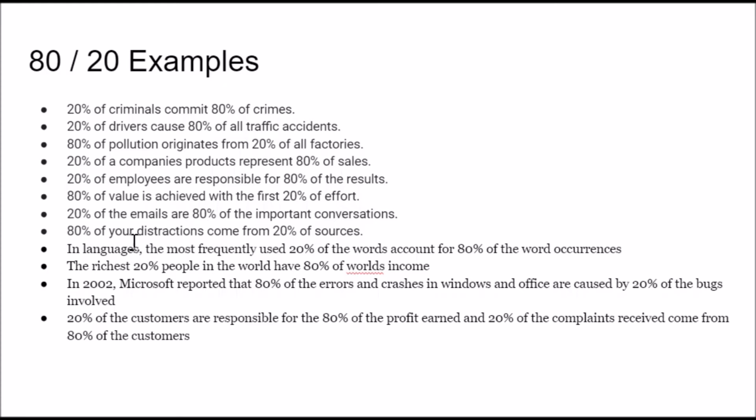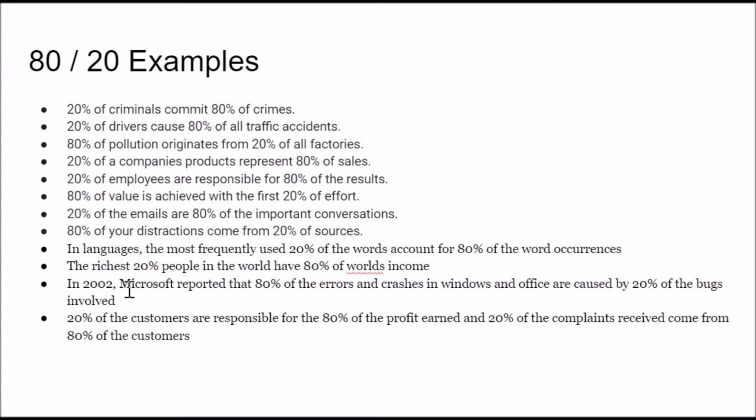That might be useful for personal productivity. And in language, 20% of the most frequently used words account for 80% of word occurrences. The richest 20% of people in the world have 80% of the world's income. And there are so many different examples of this 80-20 rule.